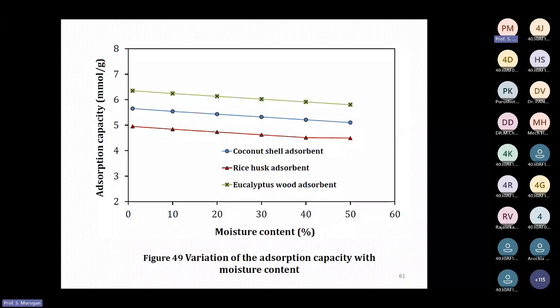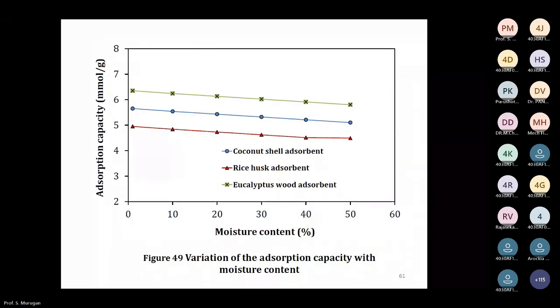So this slide shows the absorption capacity for three different samples, subject to different moisture content varying from 0% to 60%. When the moisture content of this activated carbon increased from 0 to 60%, how the absorption capacity varied or reduced is shown in this picture.